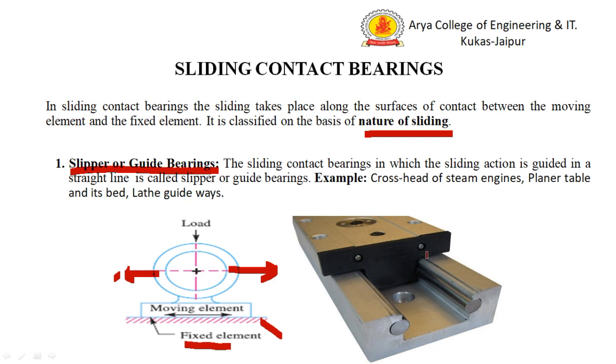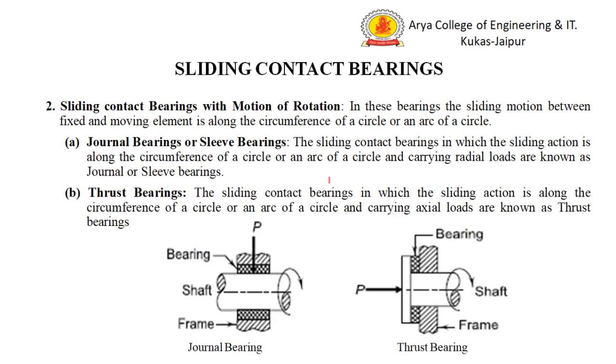This is another example of the lathe guideways. Second is the sliding contact bearing with the motion of rotation. In this, sliding motion takes place along the circumference of a circle or an arc of a circle.